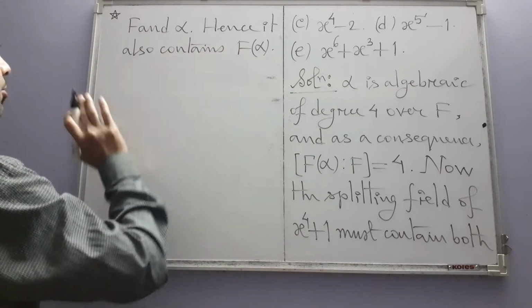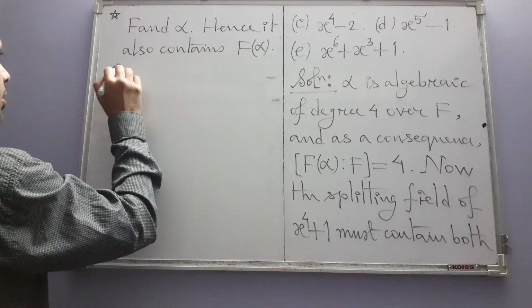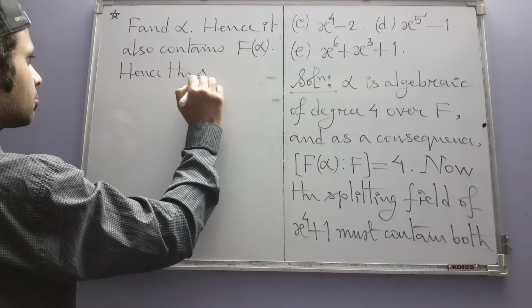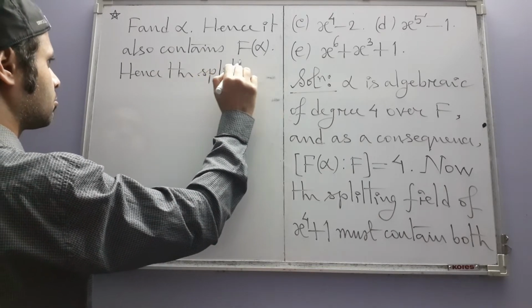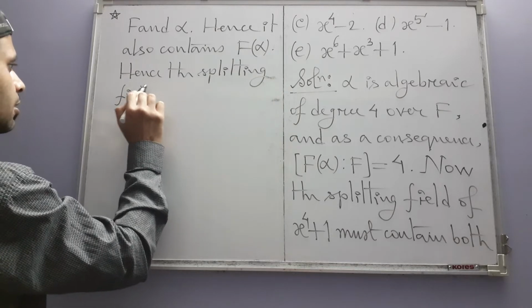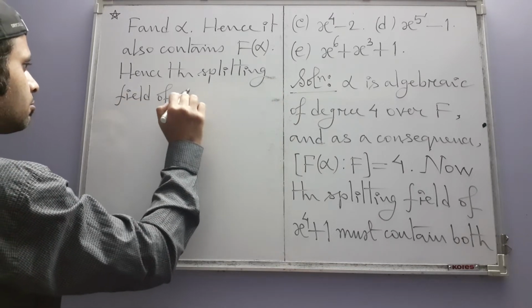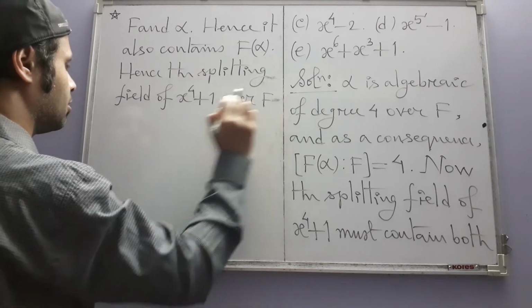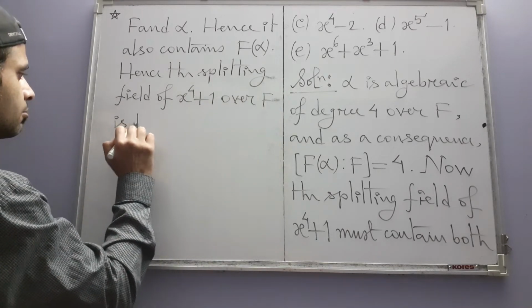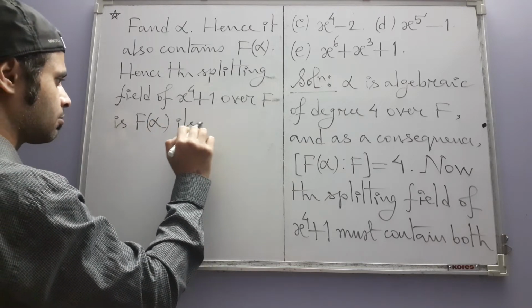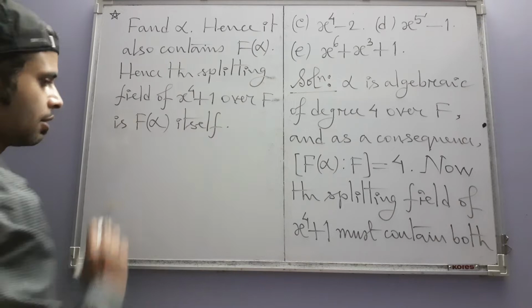So we are just simply going to write next, hence the splitting field of this over F is F alpha itself.